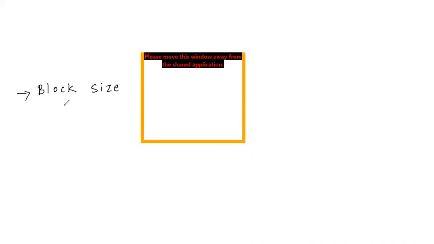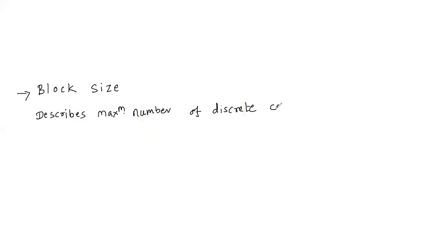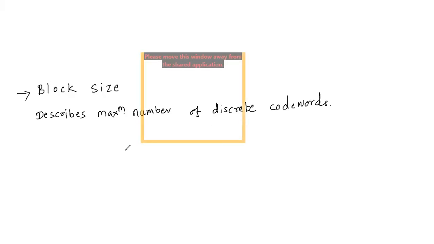Block size describes the maximum number of distinct code words. I have told you the definition of code words: a group of binary bits assigned to each symbol in the source encoder. So block size describes the maximum number of distinct code words which can be represented by a source encoder.